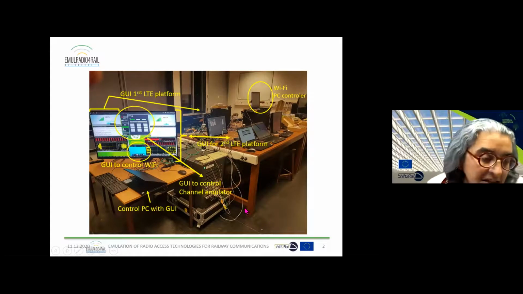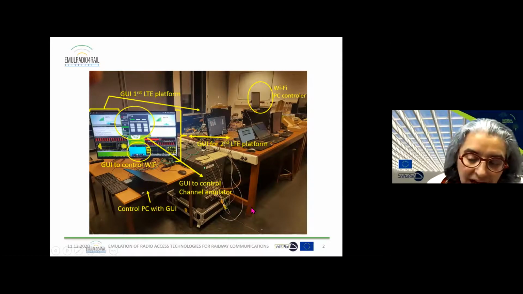And we have seen that we obtain quite interesting results depending on the channels. And this was one of the first questions set up in the open call, because the open call was related to how to measure or how to get the influence of the real environment in the lab.